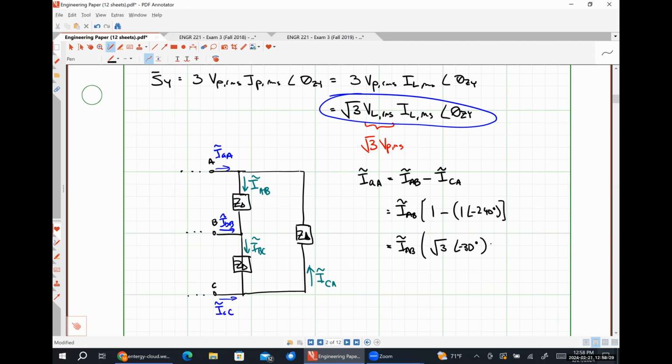So we can see that the magnitude of our line currents and the magnitude of our phase currents in a delta connected load share that √3 relationship in their magnitude, much like the voltages did for phase voltage and line voltage in a Y-connected system.